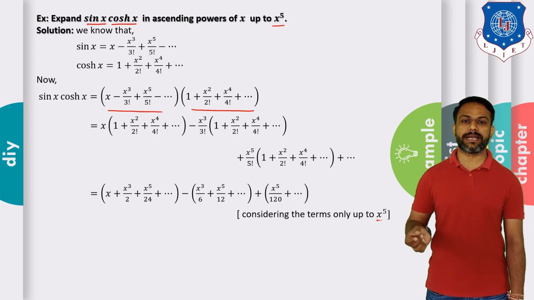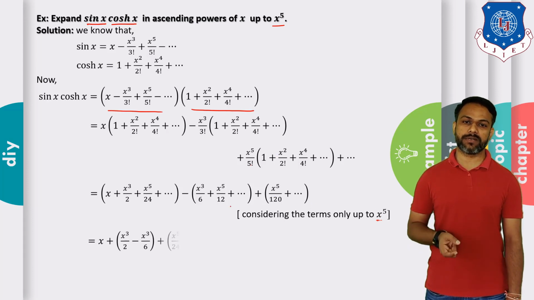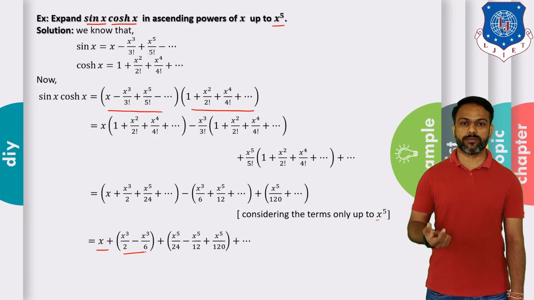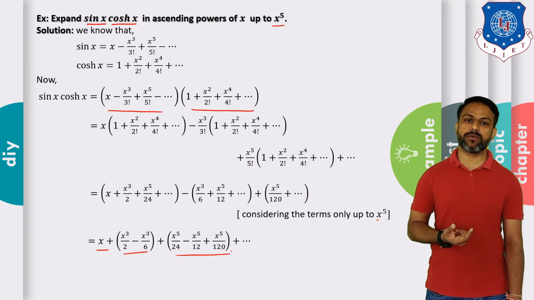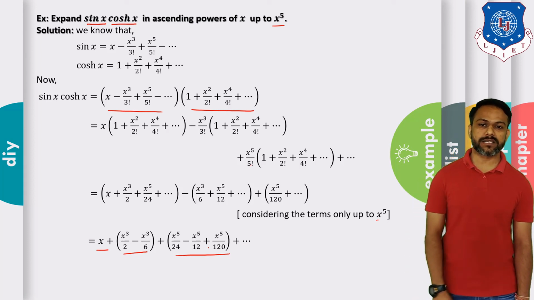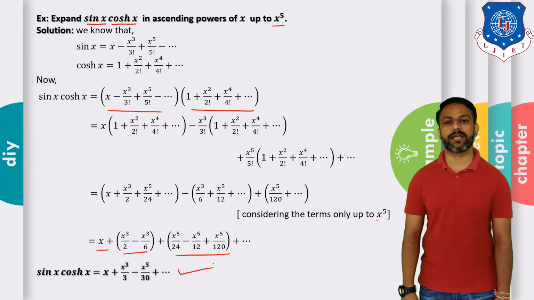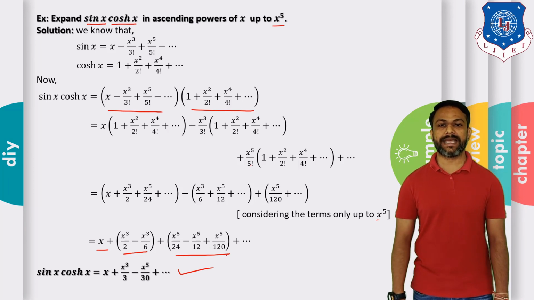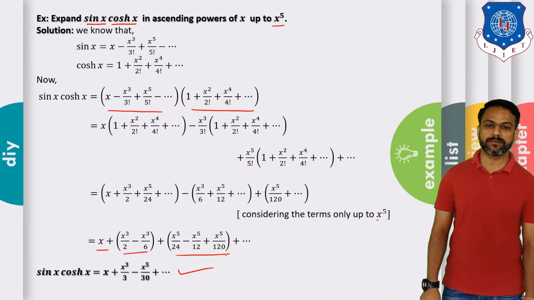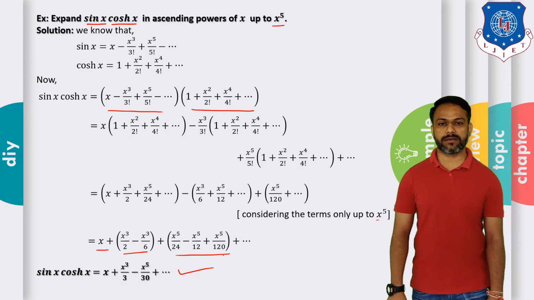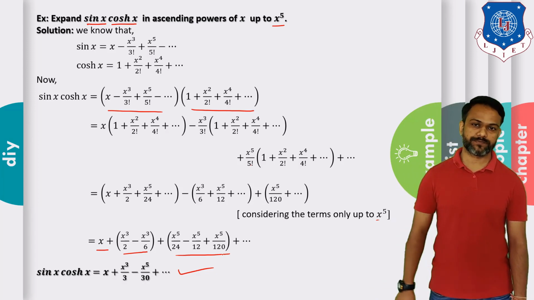Now we collect the terms with the same power: x, the term with x cube, and the term with x raised to 5. By simplifying, we have the final answer for sin x into cos hyperbolic x, which is x plus x cube by 3 minus x raised to 5 by 30, and so on.